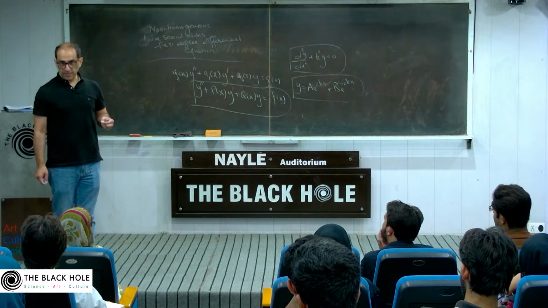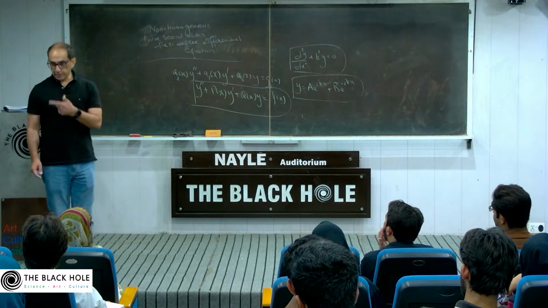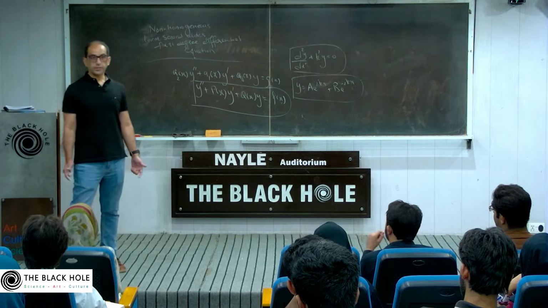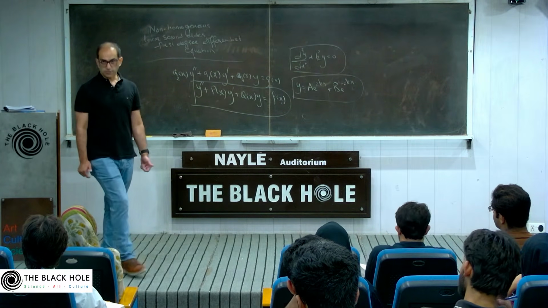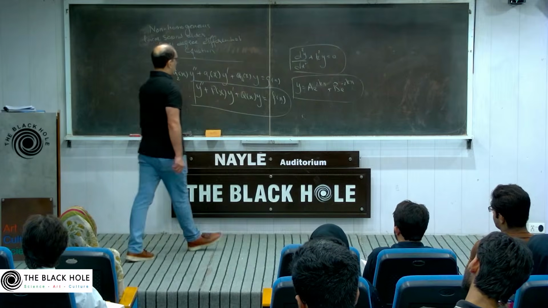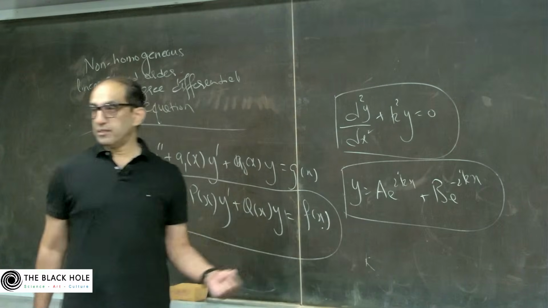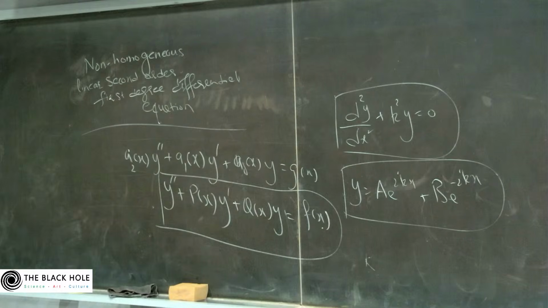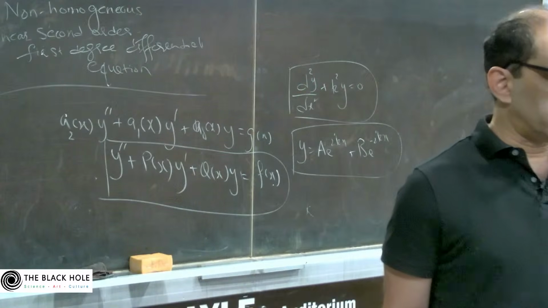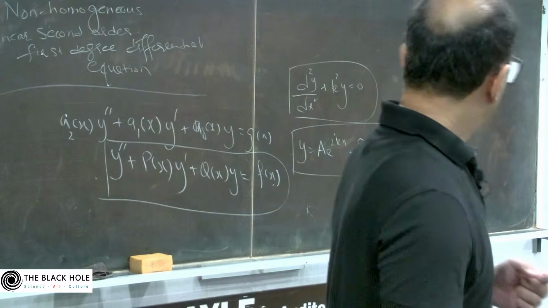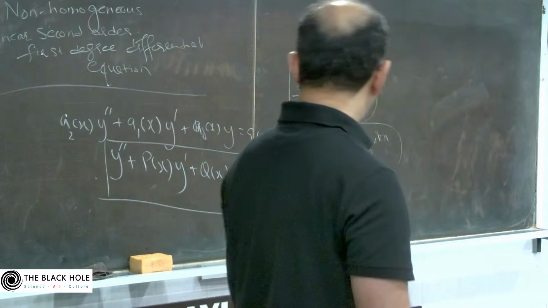You displace a pendulum, you leave it, and it oscillates. That's what we call the natural response of the system. So if you have something on the right hand side, then it means this is the way you have fiddled with the system. Okay? That is called the input.